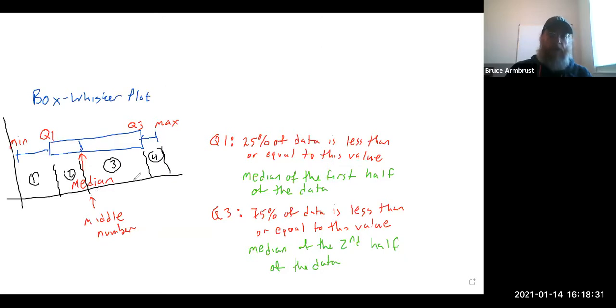Or you can think of those as intervals of values. And basically what we've done is we've split it up such that 1/4 of the data are in interval number 1, and 1/4 of the data are in interval number 2, and 1/4 are in interval number 3, and 1/4 are in interval number 4. So we're just taking all of the data and we're breaking it into 4 chunks. But the box and whisker plot makes it so that it's a quick and easy way of seeing it instead of trying to sift through a big table of data.